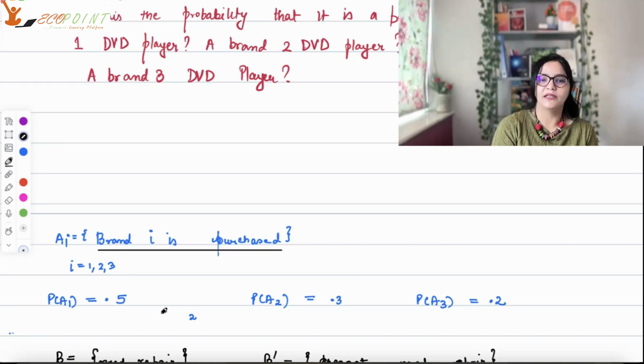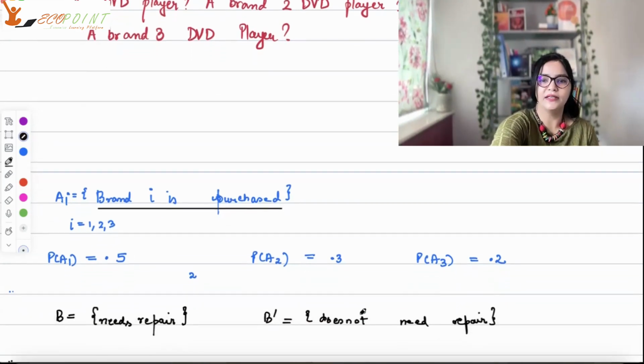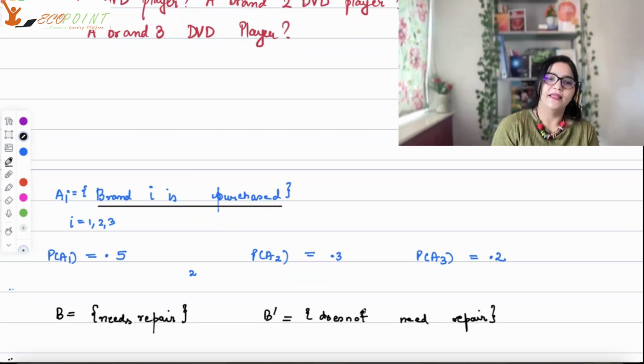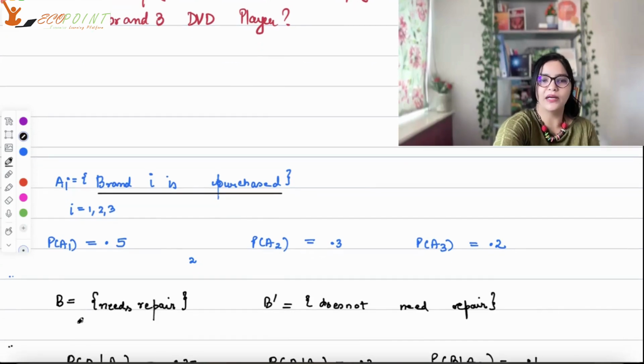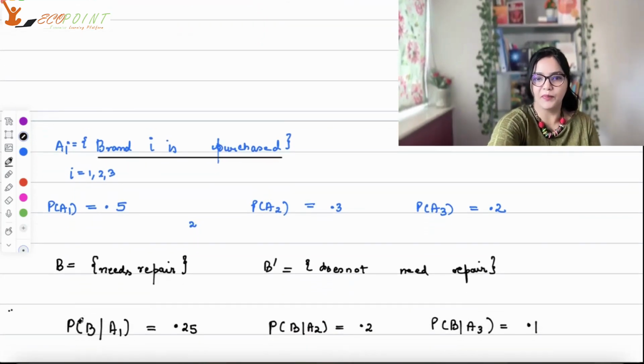So probability of A1 is 0.5, A2 is 0.3, A3 is 0.2. Then let's have two events, B and B complement. B is the one where the DVD needs repair. B complement does not need repair. So in the first question that I just narrated, what do we require? We require brand 1 and needs repair, right?